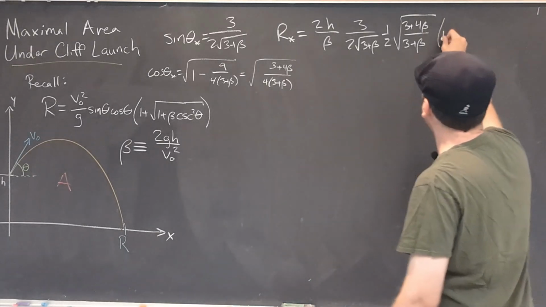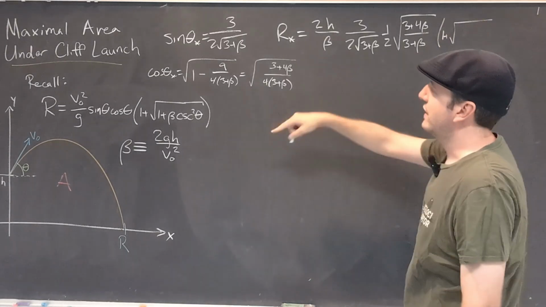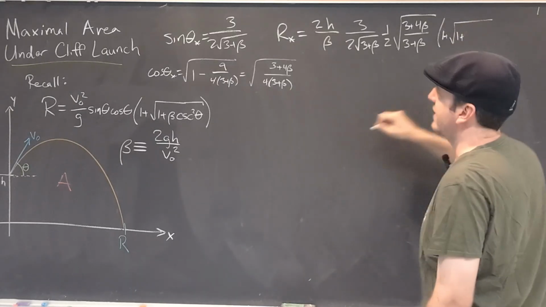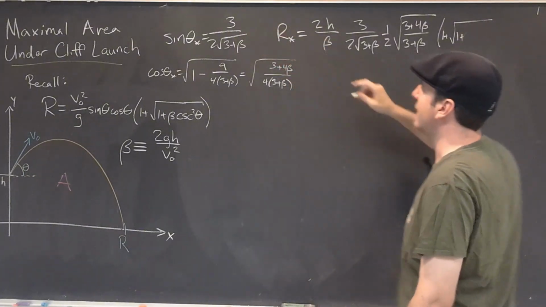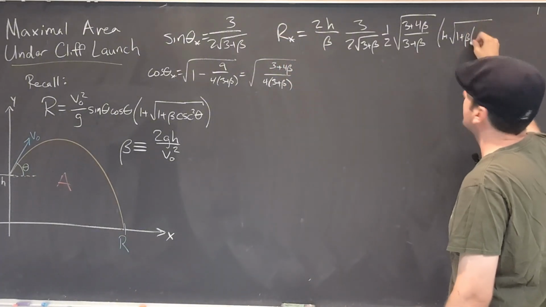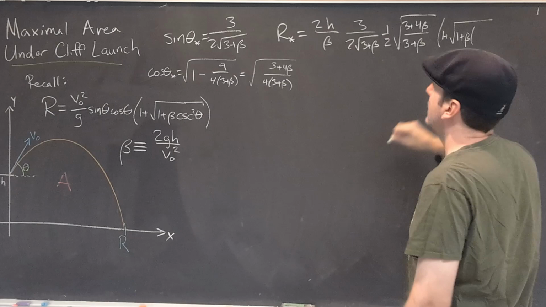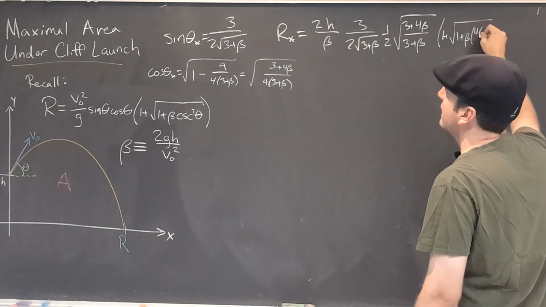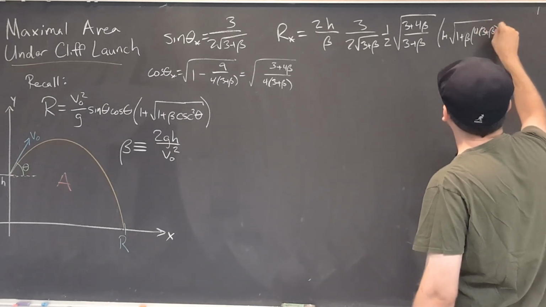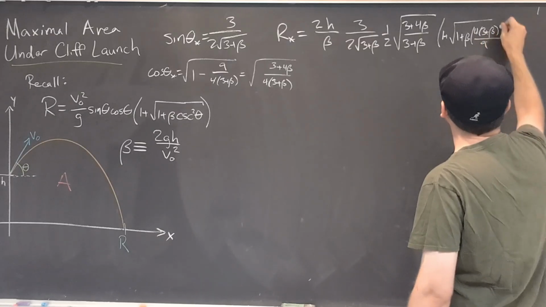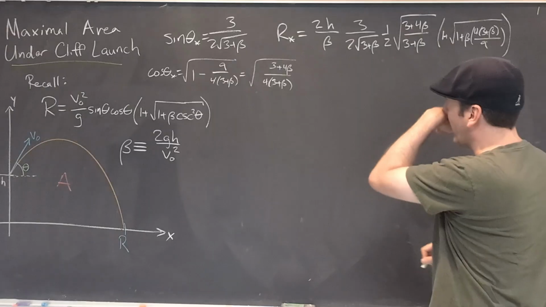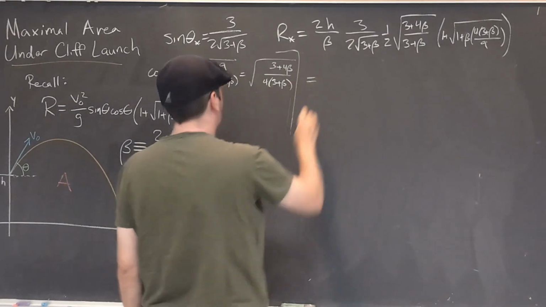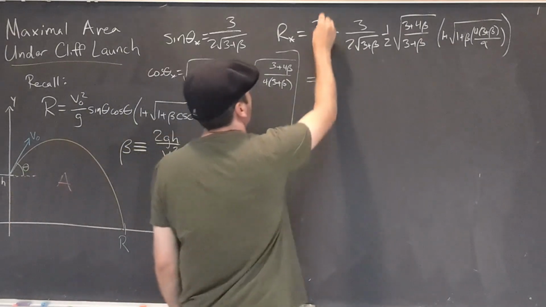So we have a 1, we've got a root, we've got another 1, and then beta times the reciprocal of this squared. So when I reciprocate and square, I'll end up with a 4, a 3 plus beta, and I'll end up with a 9 in the denominator. Did that fit? It just barely fit. Okay, great.